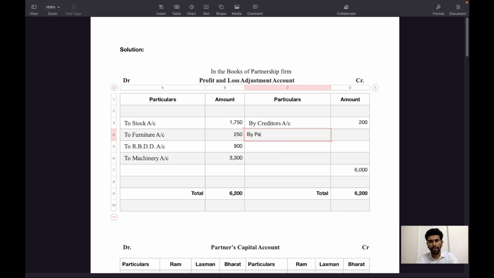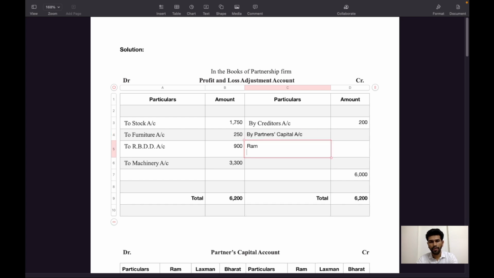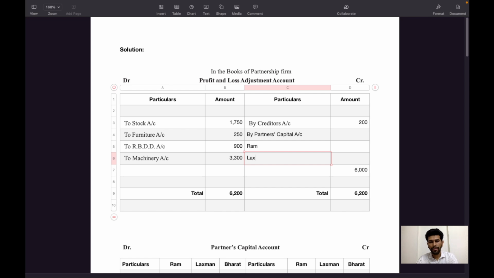by partners' capital account Ram, Lakshman, Bharat.